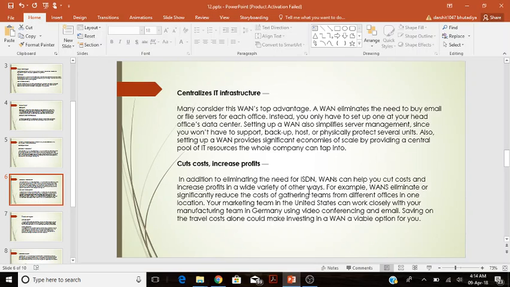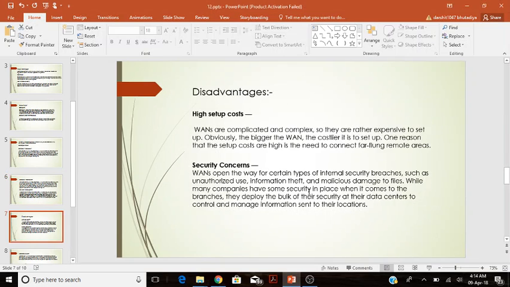For example, WANs eliminate or significantly reduce the cost of gathering the team from different offices in one location. Your marketing team in the United States can work closely with your manufacturing team in Germany, for example. Saving on the travel cost alone can make investing in a WAN a viable option for you.